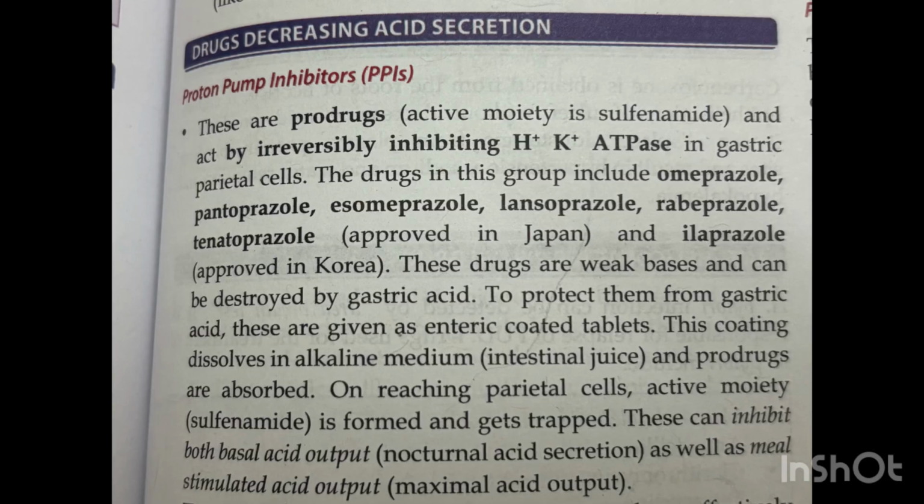Drugs decreasing acid secretion are proton pump inhibitors, potassium competitive acid blockers, H2 receptor antagonists, and anticholinergics. Proton pump inhibitors are prodrugs. The active moiety is sulfonamide and they act by irreversibly inhibiting H+ K+ ATPase in gastric parietal cells.